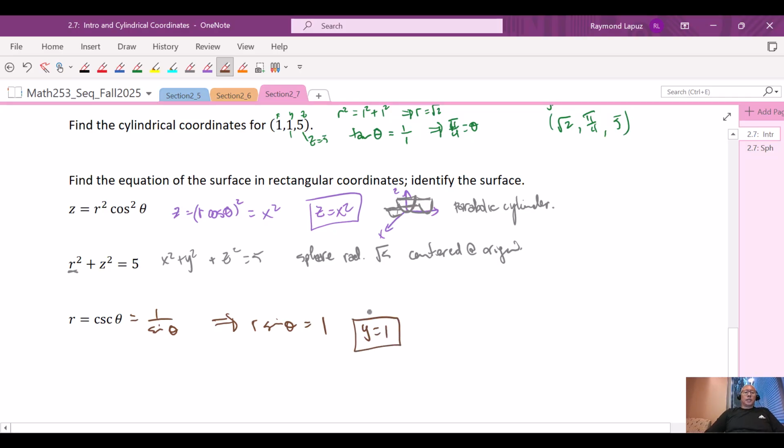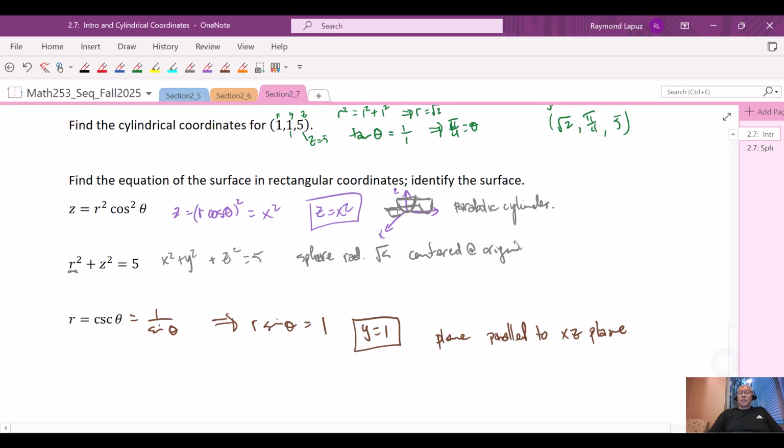So now this is a plane that's parallel to one of the coordinate planes. When we first started talking about 3 dimensions, we said the coordinate planes were like one of the variables equal to 0, and when one of the variables is a constant, then it's parallel to one of the planes.